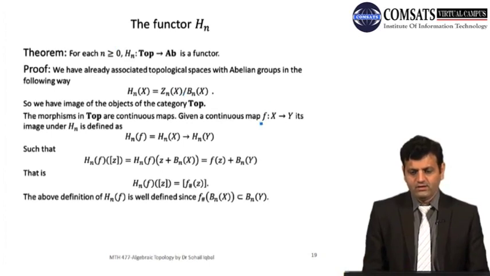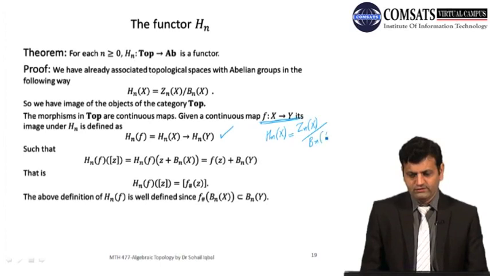If I have a continuous function from X to Y, then its image under Hn is defined like this. And how do we define this image? So basically what is Hn(X)? This homology group is defined as cycles quotient the boundaries.